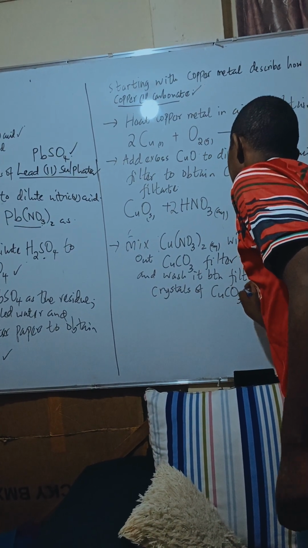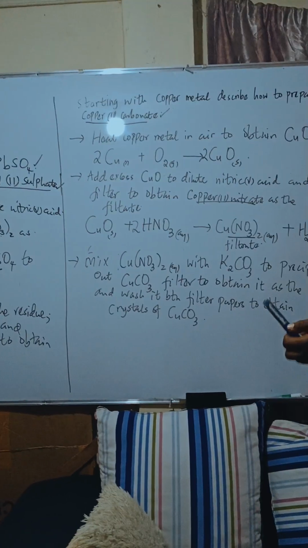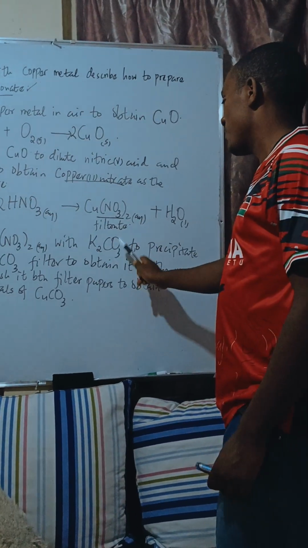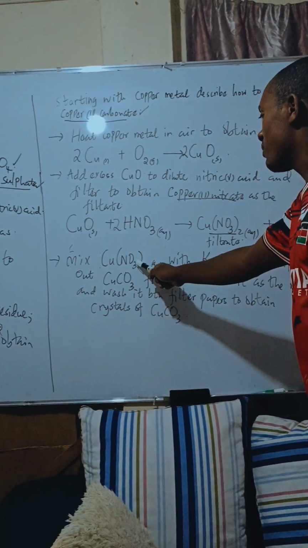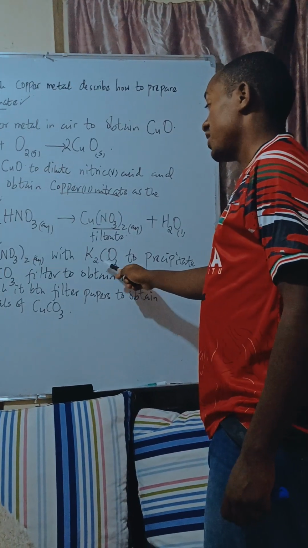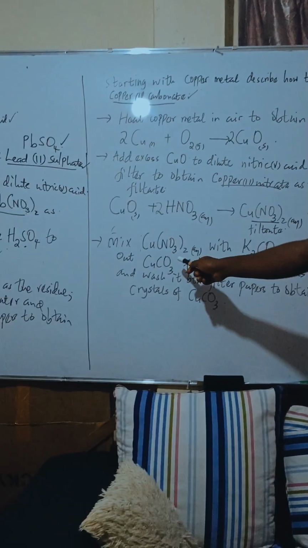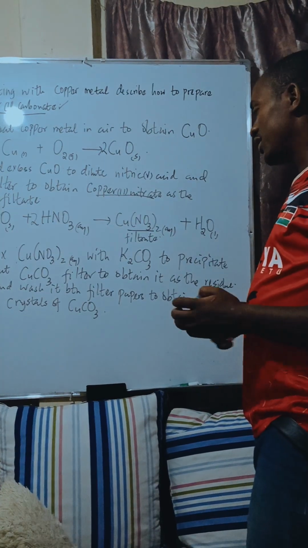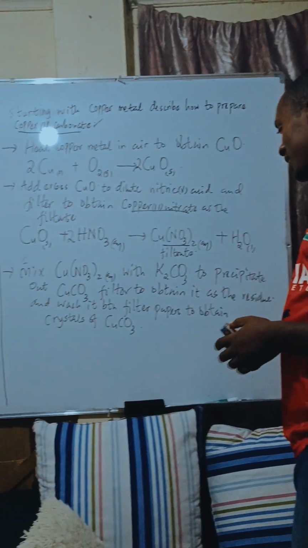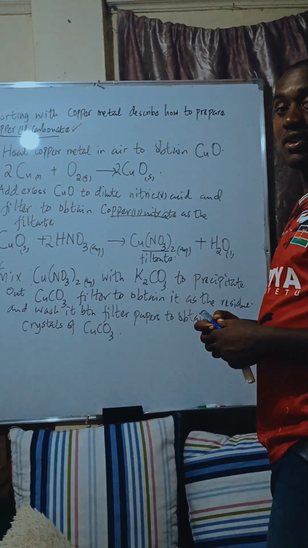So mix copper nitrate with potassium carbonate, which is soluble, to precipitate out copper carbonate. Filter to obtain it as the residue, and wash it between filter papers to obtain crystals of copper carbonate.